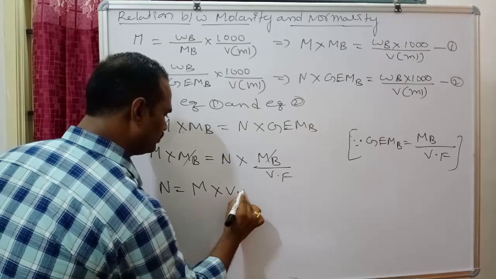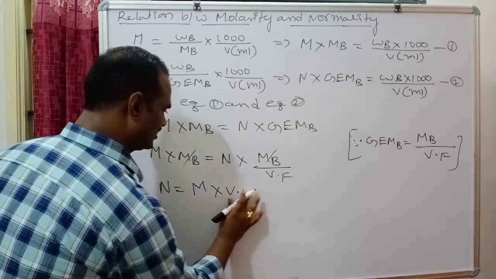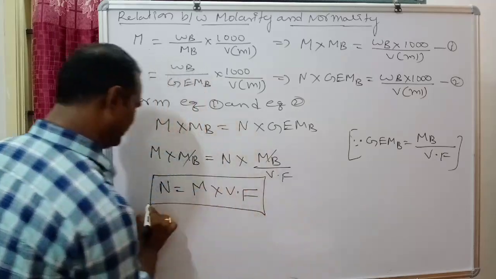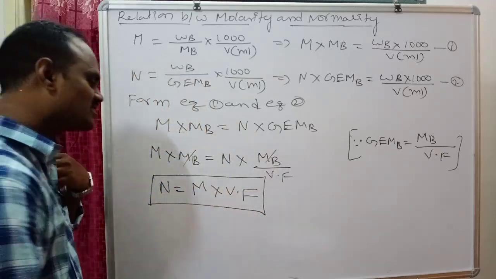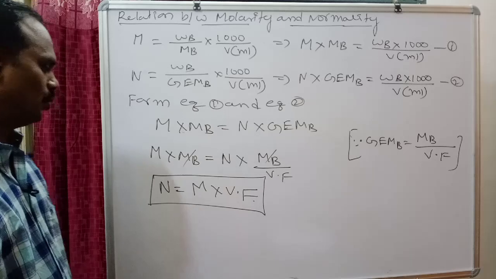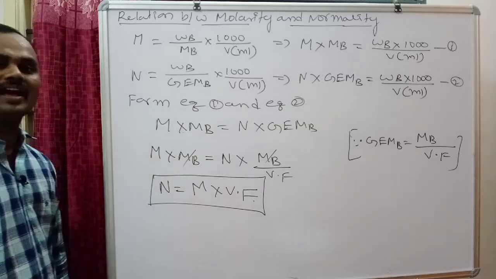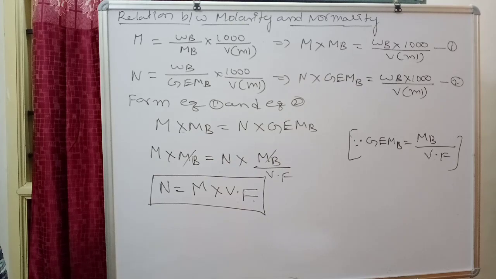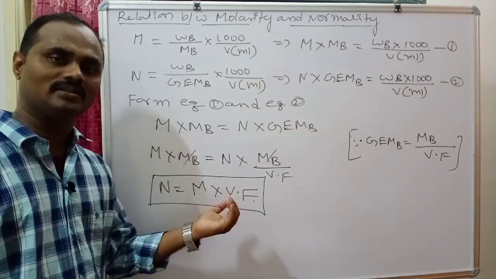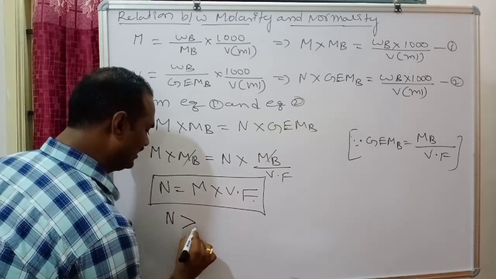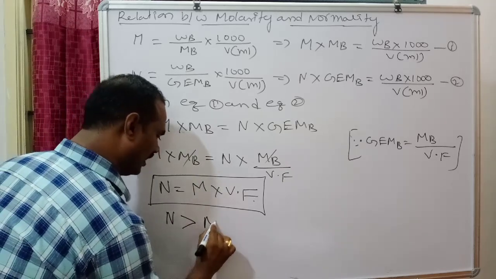molarity into valency factor. For any solution, if the valency factor value equals 1, then that solution's normality and molarity are both equal. If it is more than 1, then what will happen? No doubt, normality is greater than molarity.